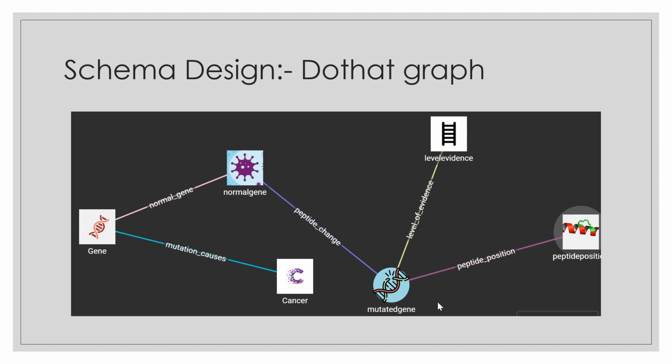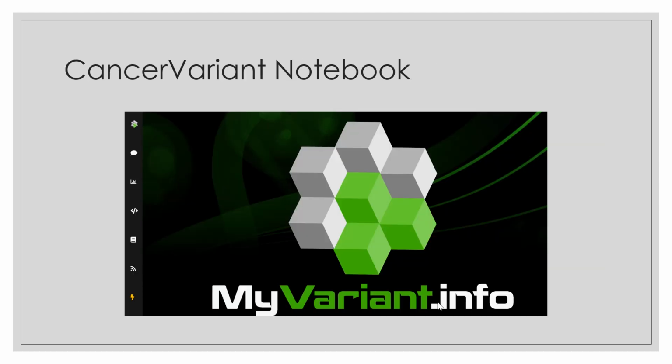This is the schema. After that, we also used another notebook known as Cancer Variant Notebook, which directly drives the API from myvariant.info. This is the largest source of information on all the cancer-related mutations that have occurred, and we have used it.